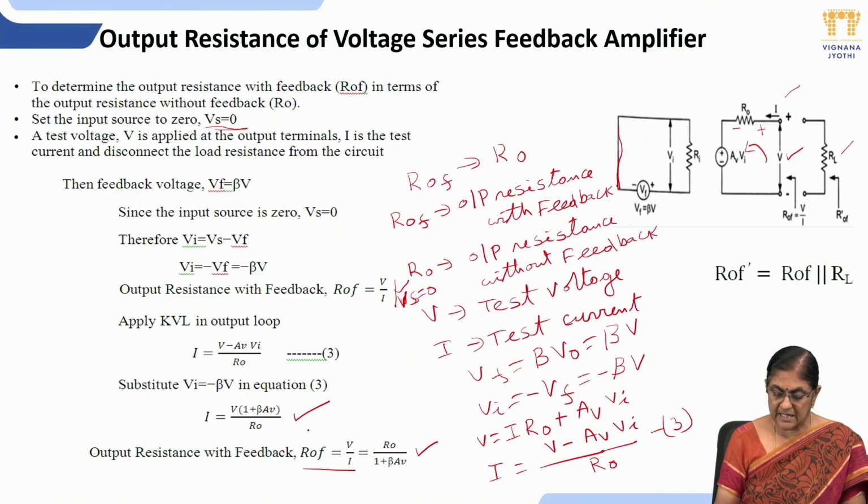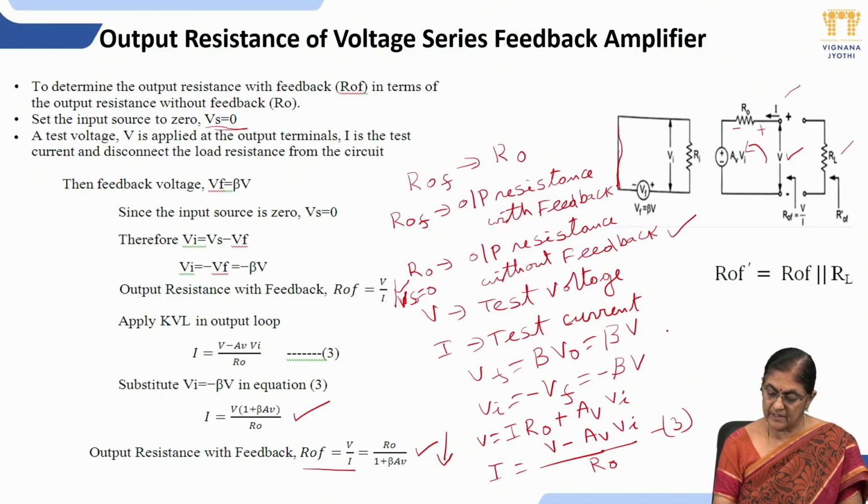So what did you understand by seeing this expression? The output resistance of the voltage series feedback amplifier decreases by the factor of 1 plus beta AV compared to without feedback, because R naught is the output resistance without feedback and R naught F is less than R naught.